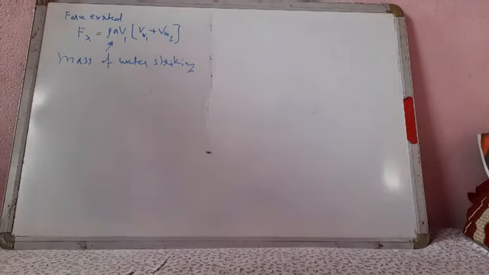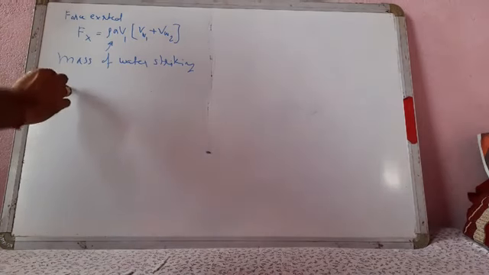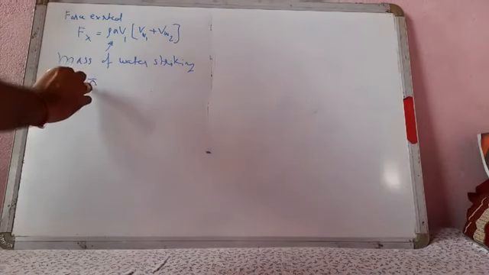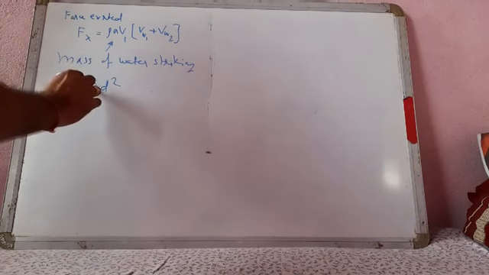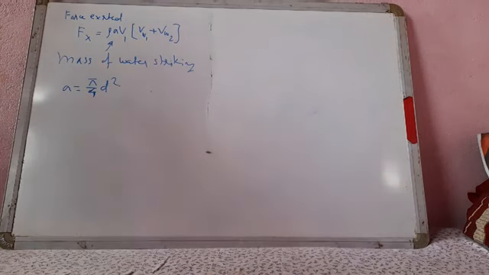Here A is the area of jet, which is given as A equal to pi by 4 d square.